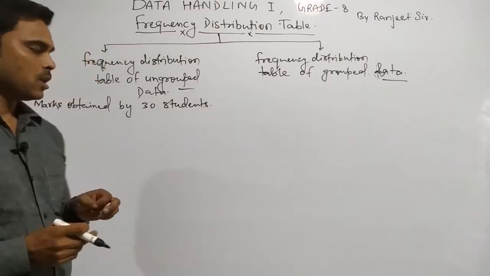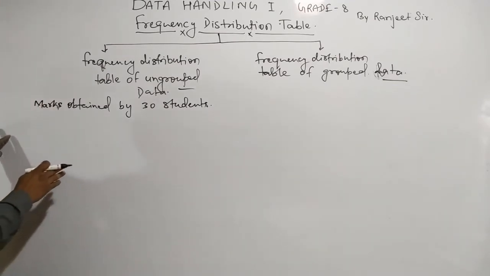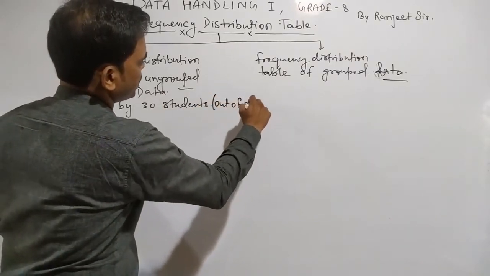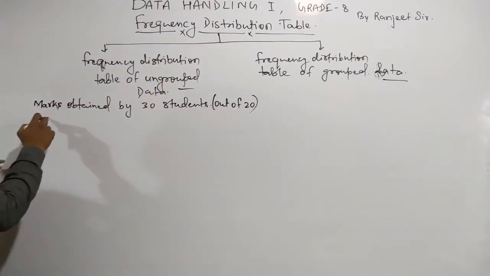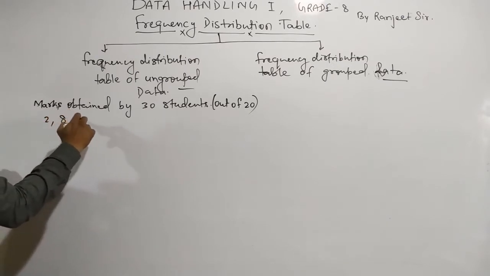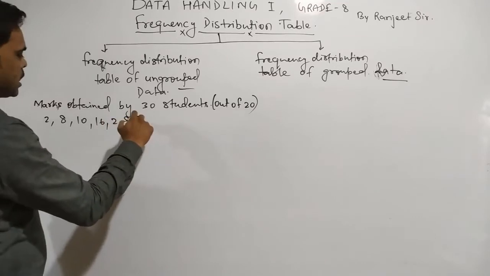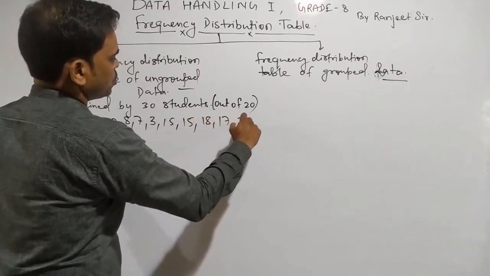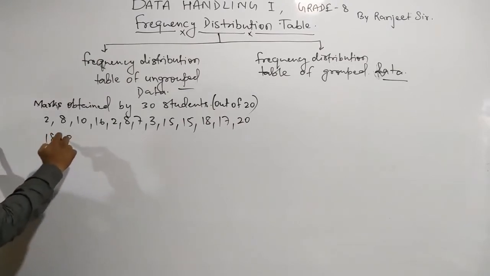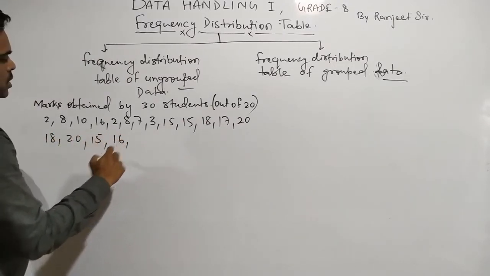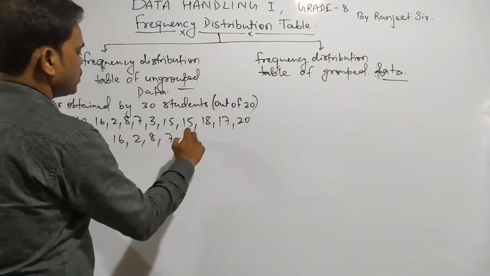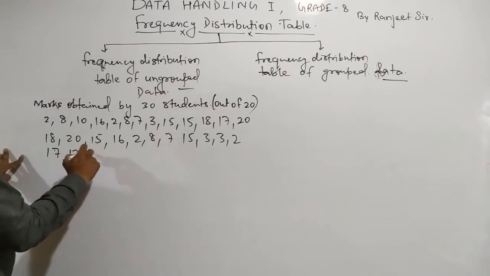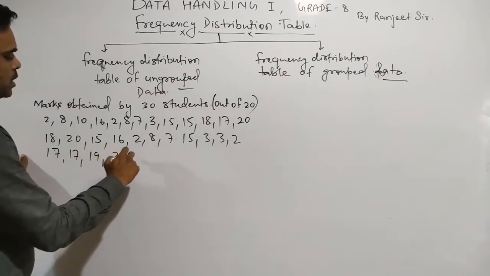The data I have collected, I'm going to write it out of 20, which will be much better. 2, 8, 10, 16, 2, 8, 7, 3, 15, 15, 18, 17, 20, 18, 25, 15, 16, 2, 8, 7, 15, 3, 3, 2, 17, 17, 19, 20. Now let me check.